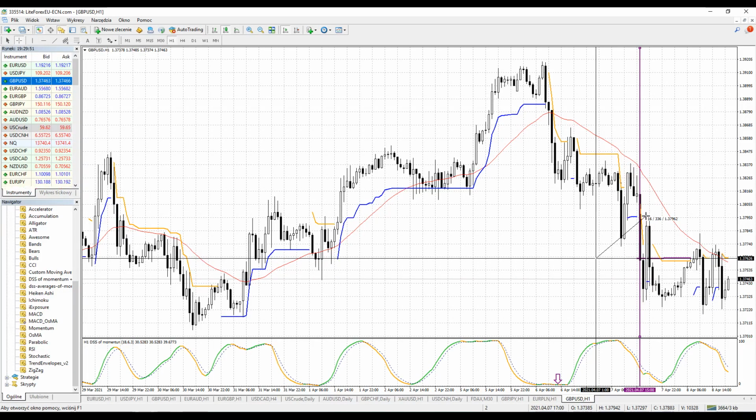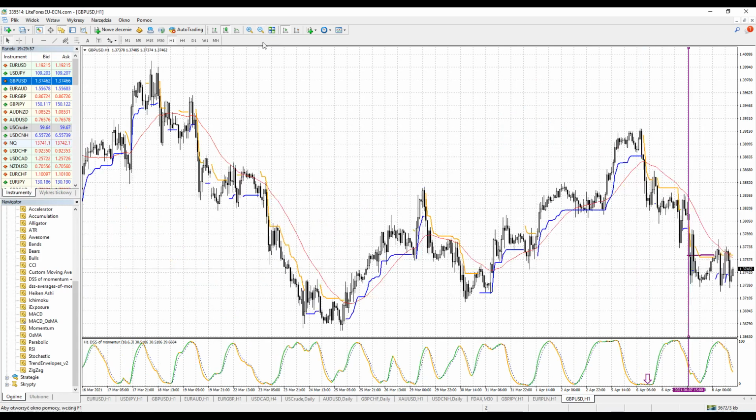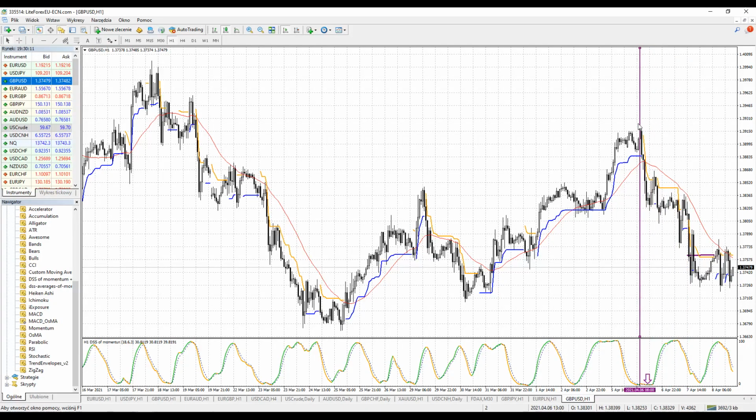As I mentioned, it's not a holy grail. In that case, our stop would be hit. Anyway, let's get back a little bit to the left. Let's look for another good example when it comes to the short position.